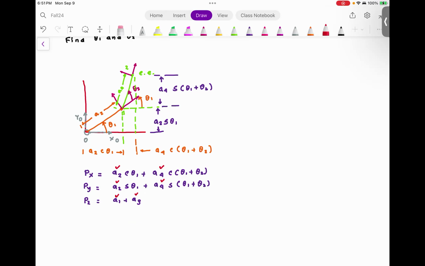One observation. How many equations do I have? 3. How many unknowns do I have in inverse kinematics? 2. Which means in theory, I just need 2 equations. Clearly, theta 1 and theta 2 do not appear in the Pz equation, so this equation is redundant. So I need to just use these 2 equations and 2 unknowns.